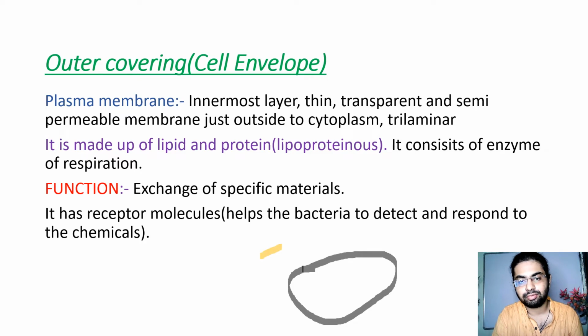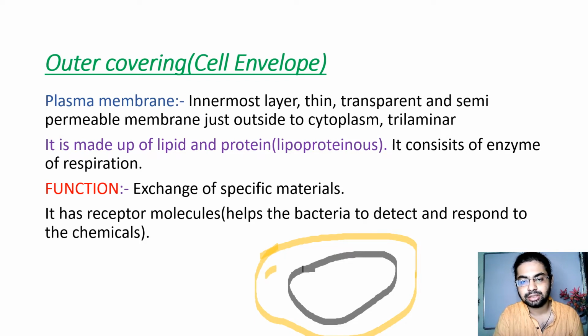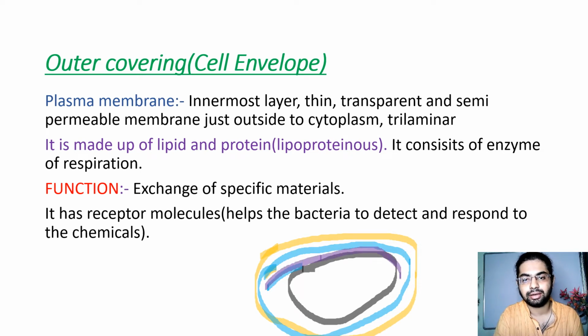So this is the glycocalyx. Inner to glycocalyx, bacteria have the cell wall, and inside the cell wall we find the plasma membrane.